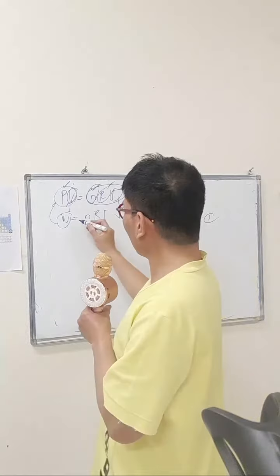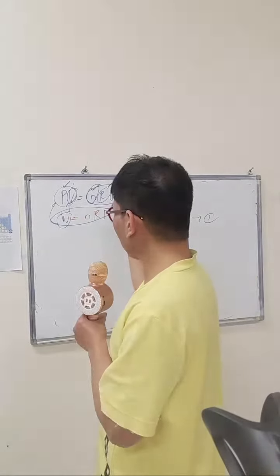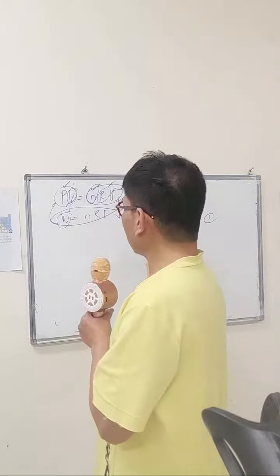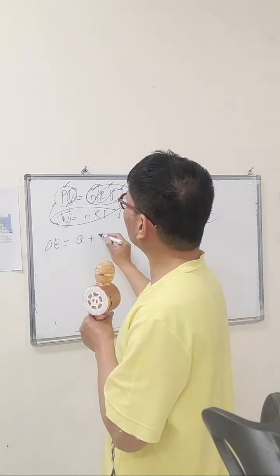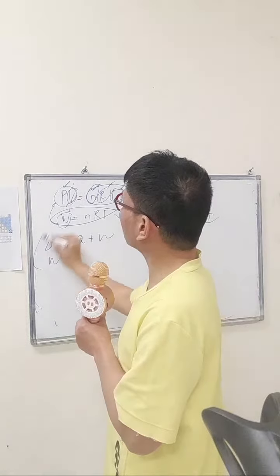Now we have work is equal to nRT. Since I have delta E equals Q plus W, solve for W to substitute here also.